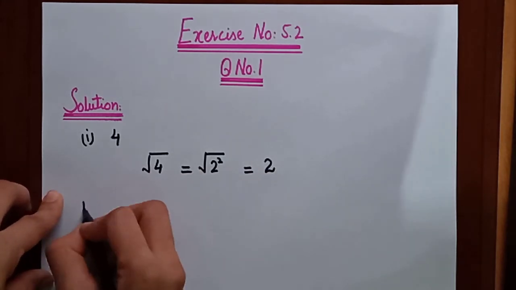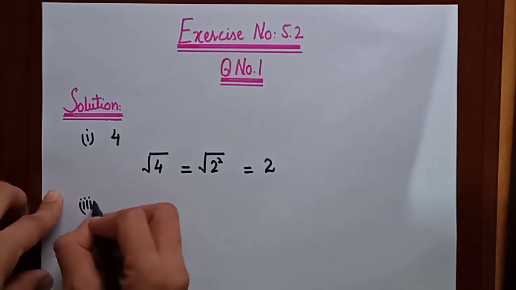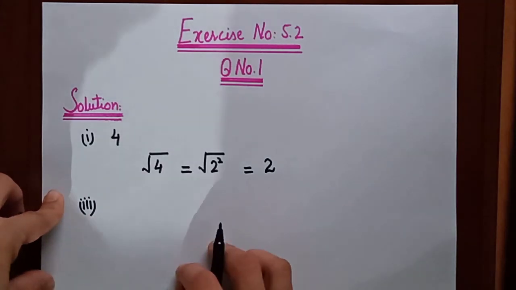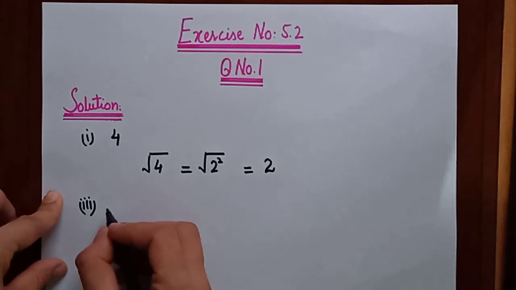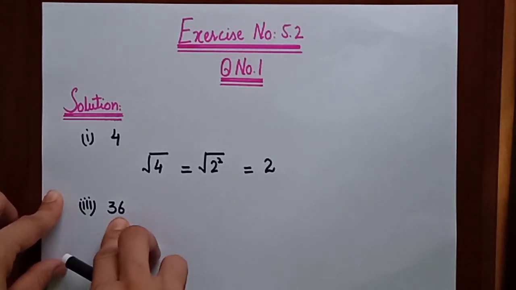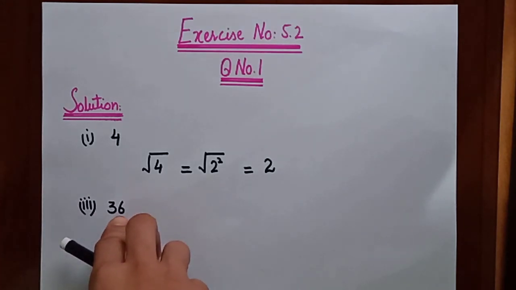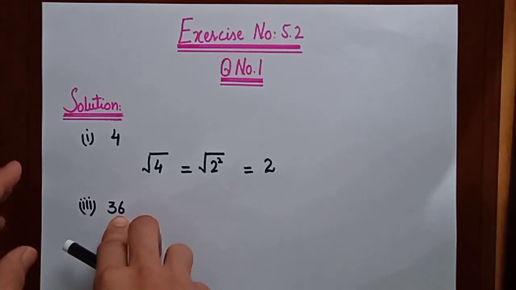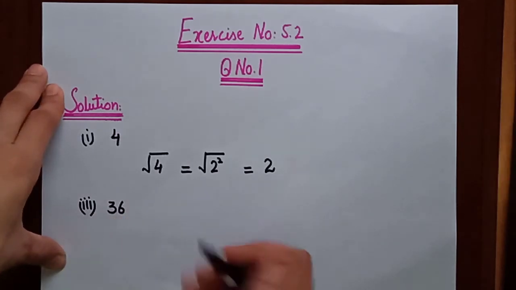Similarly, look at the third part. Find the square root of 36. And we know that 36 is the square of 6.